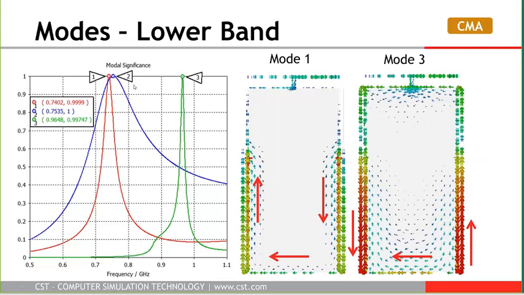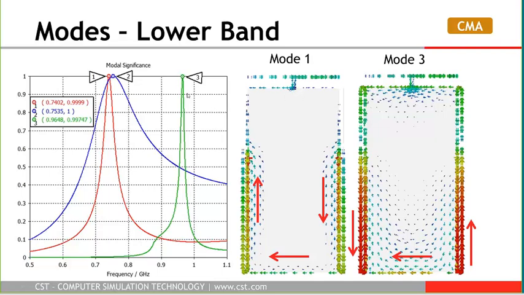Then there is a red mode, mode 1, which has a very similar resonant frequency, and the current distribution is displayed here. This mode is decoupled from the first antenna because there is no current, or very small current, flowing through the port of the main antenna.